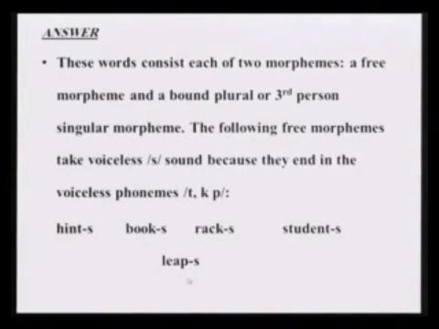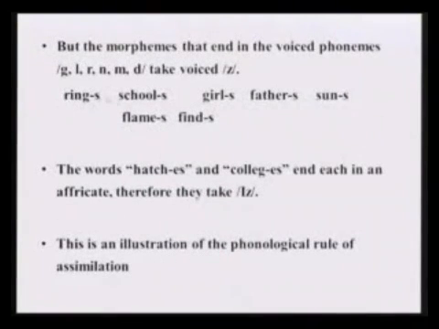All of those before them are voiceless plosives. As for these, they are all voiced sounds and take z. The affricates tsh and dzh take iz. This is an illustration of the phonological rule of assimilation.